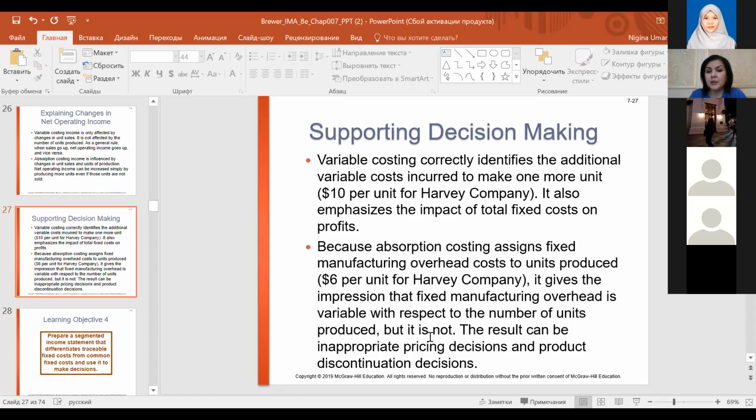The result can be inappropriate pricing decisions and product discontinuation decisions. If it seems like that, then some product that was being produced will be discontinued or dropped out of production. So wrong decisions can be made based on the absorption costing system.